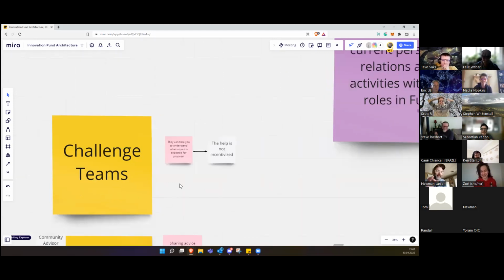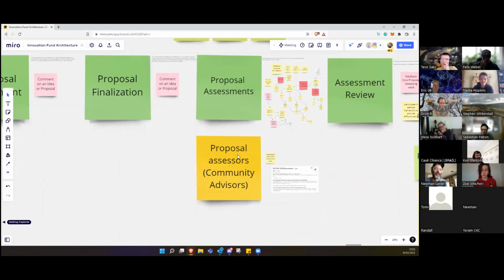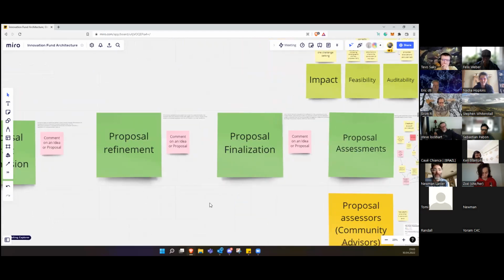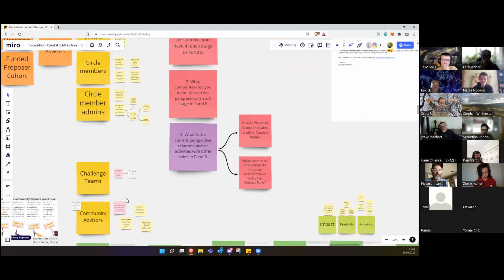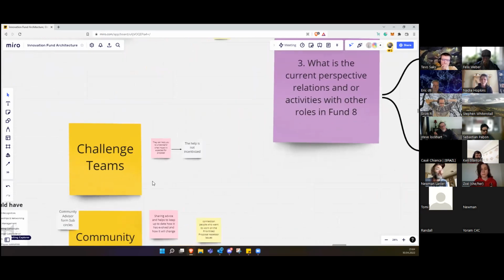And in relation to this discussion, this role of the proposal assessor could be something that takes load off the challenge team, because you definitely need a proposal assessor, and it is different than a community advisor. I'm just getting my mind around all this. So thank you for presenting it today.